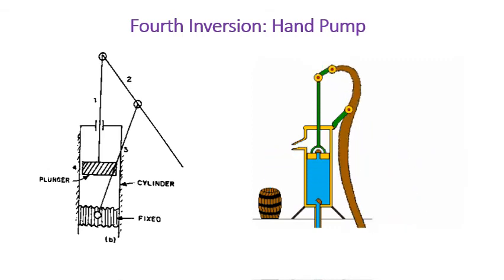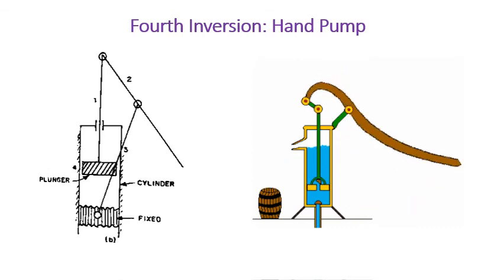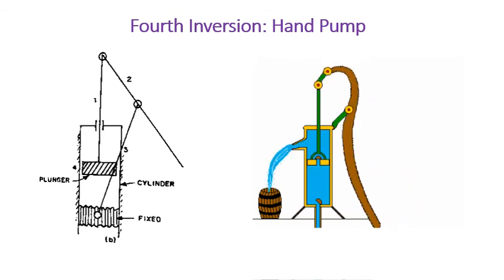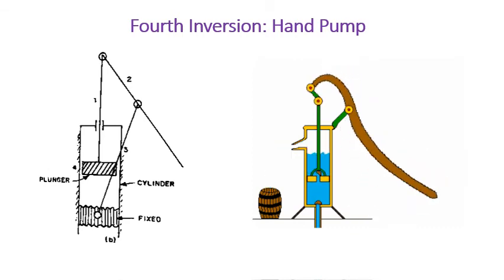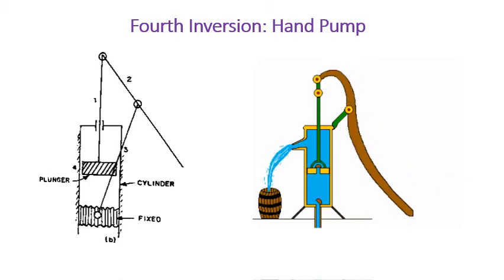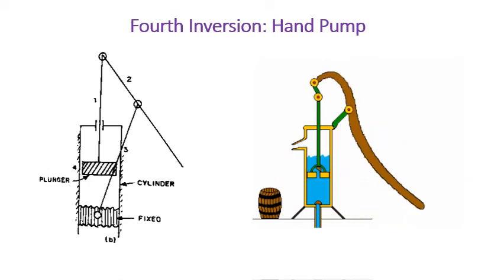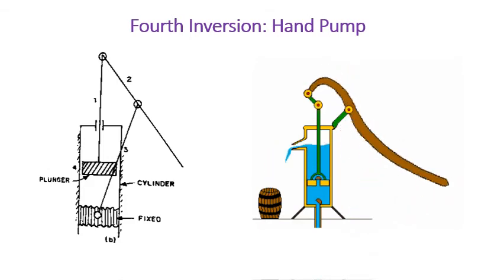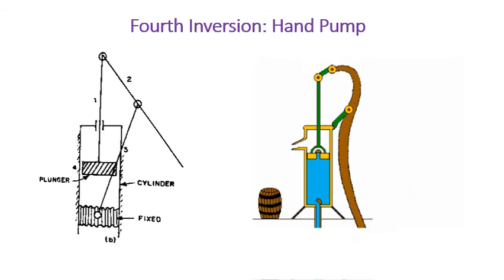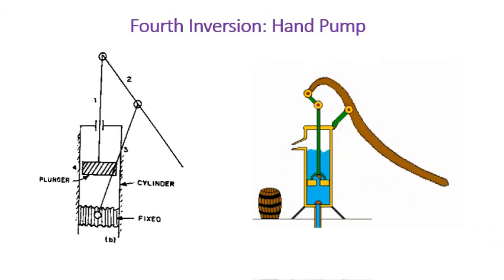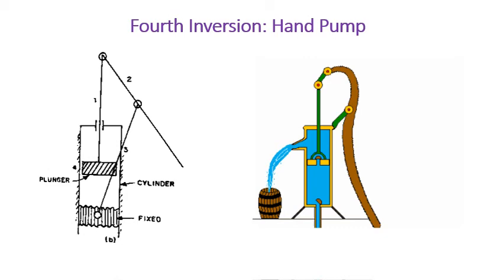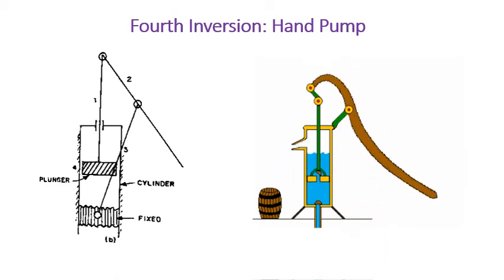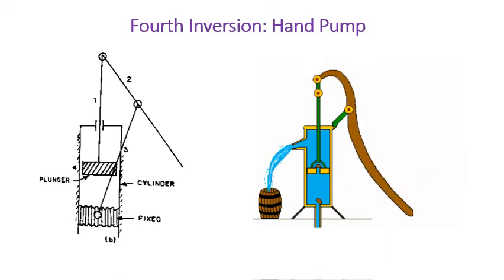This inversion is obtained by keeping the slider fixed. You can see this slider is fixed. In this mechanism, link number 1 reciprocates vertically in a cylinder, that is link number 4. At that time, link number 2 and link number 3 oscillate about their respective pin joints.